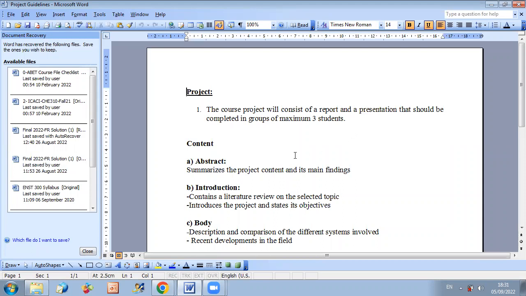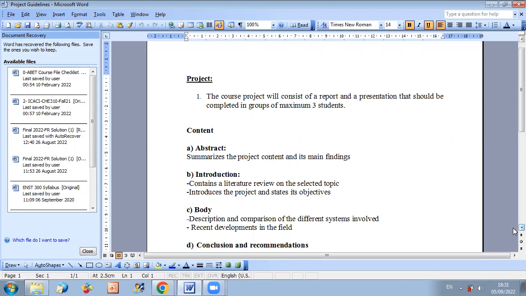And of course, the higher the number of persons, the harder the work I expect, okay? Now, concerning the content, first, in any research paper, the first step will be to read a lot of papers to be able to build a literature review, okay? And so whenever you select a topic, Google it, and you will have a lot of related articles.